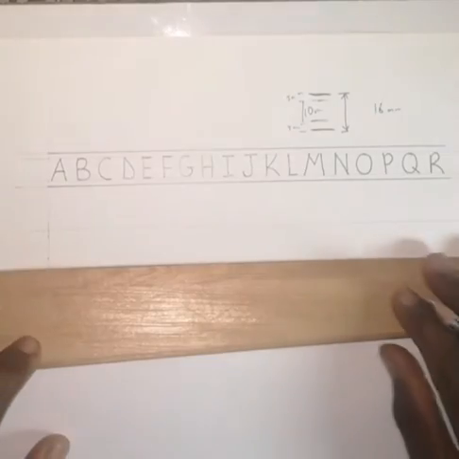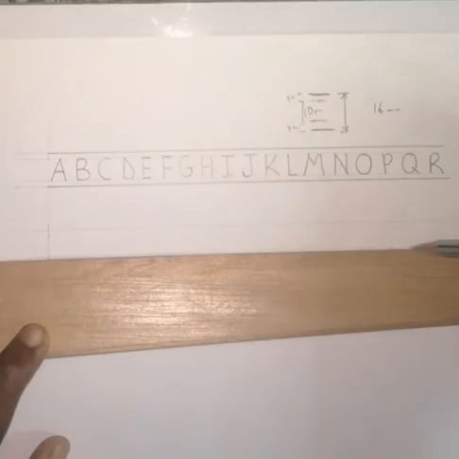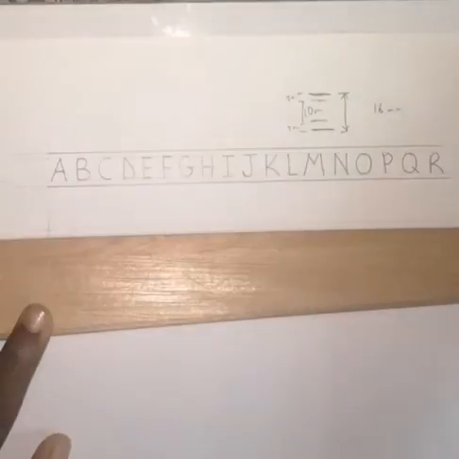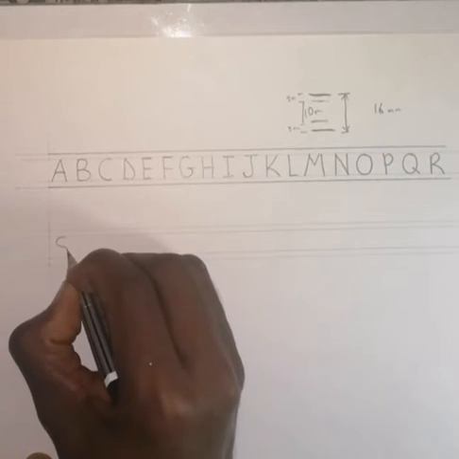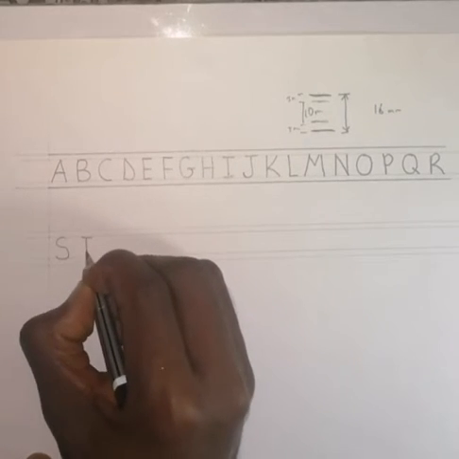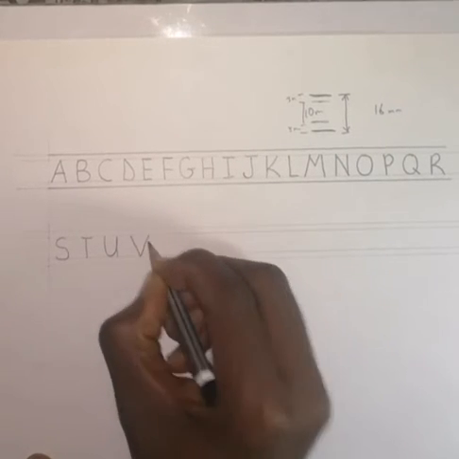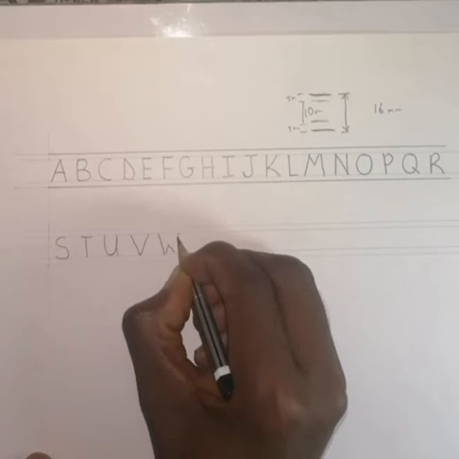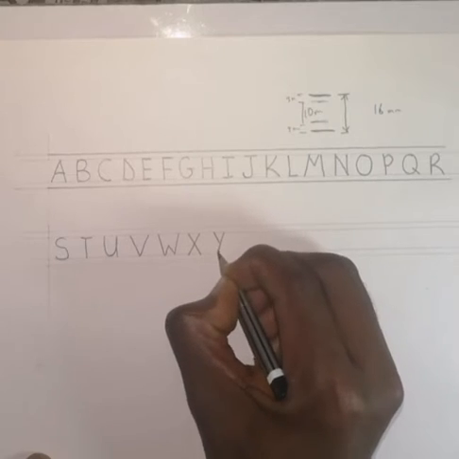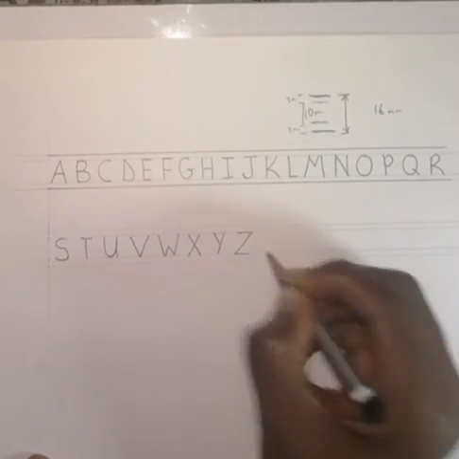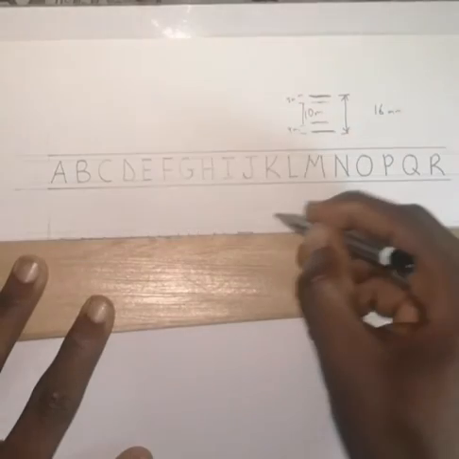Okay, yes, I need U. This is S, this is T, this is U, V, W, X, Y, Z. And then I would only deepen to where the Z is.